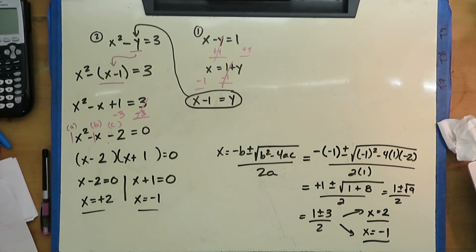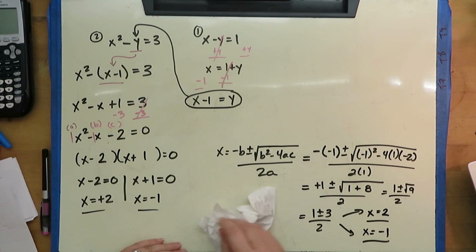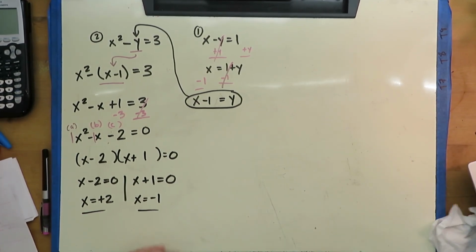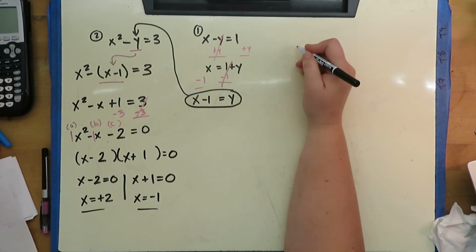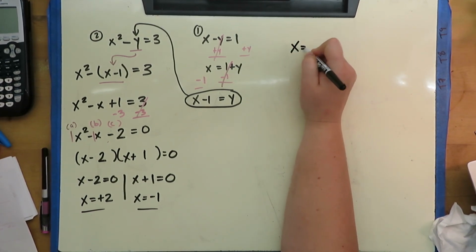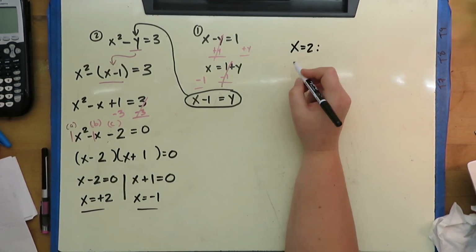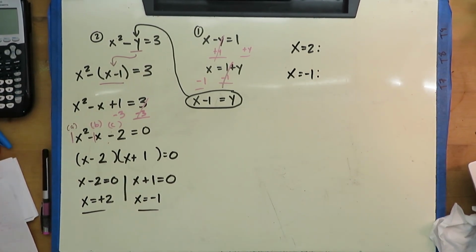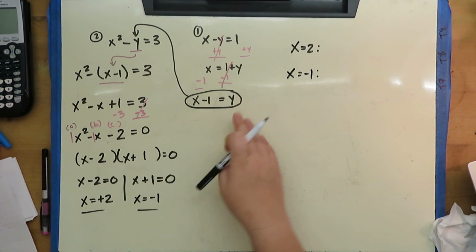So those are 2 different methods to show that I get my 2 solutions for x. And then I need to make sure that I find my values of y. So when x is equal to 2, I can find a value of y, and when x equals negative 1, I can find a value of y. So I'm going to use this equation right here.